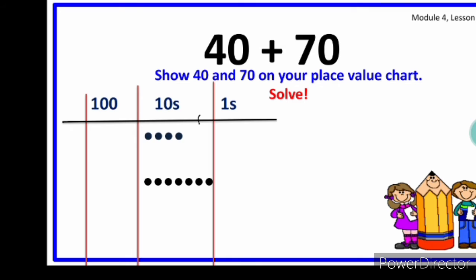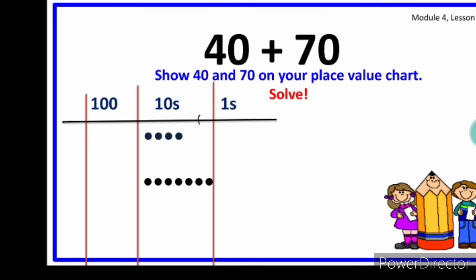Now we're going to add. Remember in our previous class, I said if the number we have all together after adding is more than 10, you bundle it and take it to the next table. The next table after tens is hundreds. Since we have 40 plus 70 here, if we add them together, we're going to have 11 tens, which is more than 10. So I'm going to bundle that 10 and take it to the hundreds part.